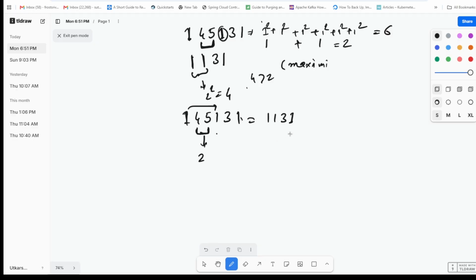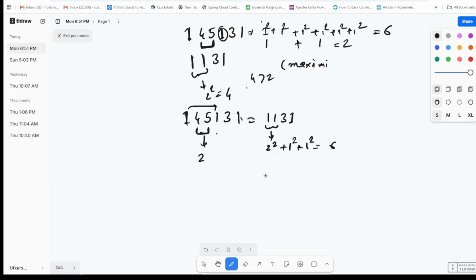If we remove this 1 1 directly, we get 2 squared, and the remaining will cost us 3, removing 3 as 1 squared, and then 1 and 1, each 1 squared, so it will be 4 to 6.